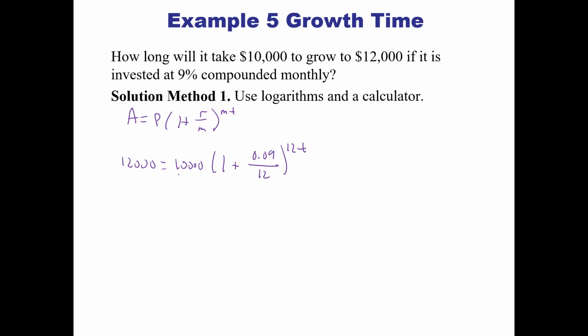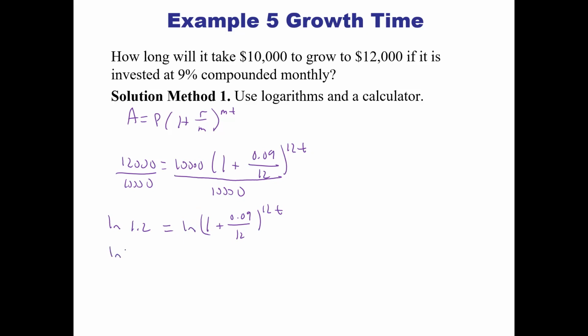So using logarithms, first thing that means is we're going to divide everything by 10,000. We can divide this out, and that just gives us 1.2 is equal to 1 plus 0.09 over 12, to the 12t. And again, I think the best way to do this would be to take the ln of both sides, because then we can bring that down.